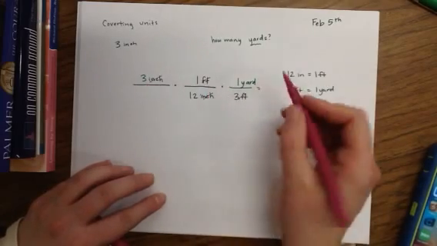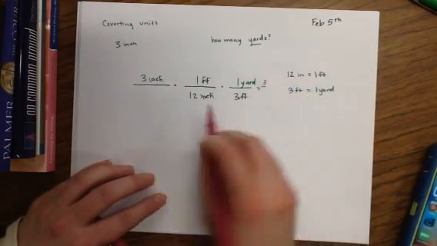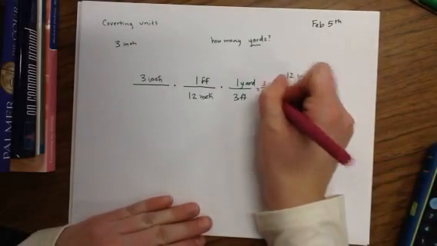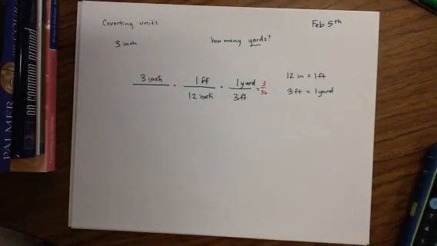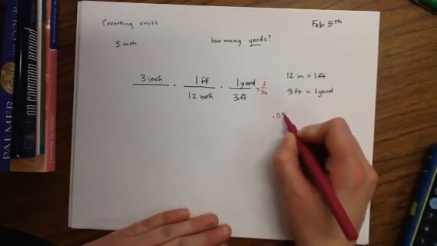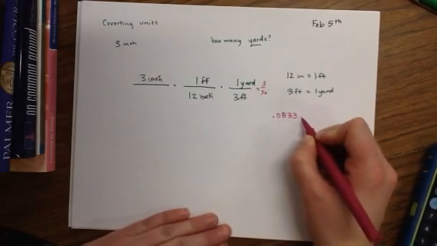I multiply all the way across the top, and I get 3, and then I multiply across the bottom, 12 times 3, get 36. For my final answer, I divide those things, and I end up with 0.0833 yards.